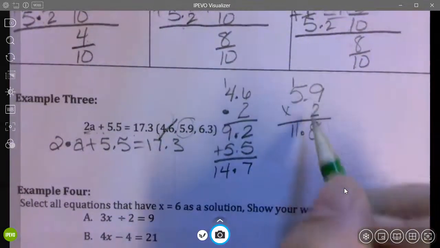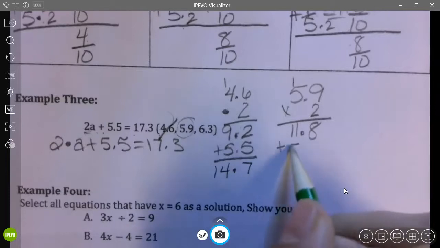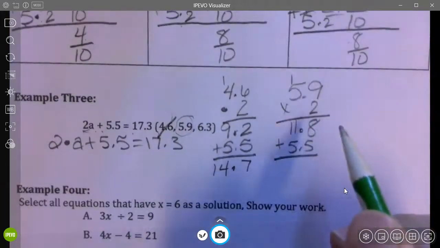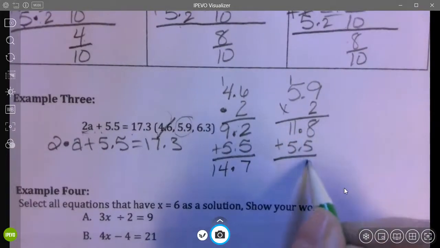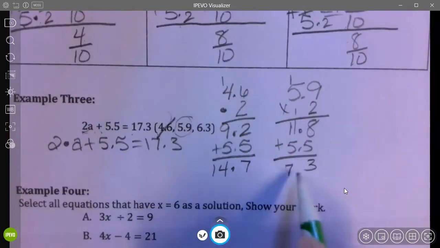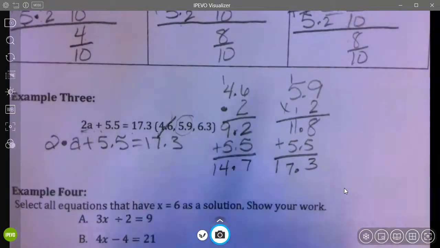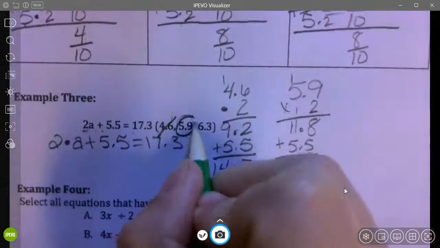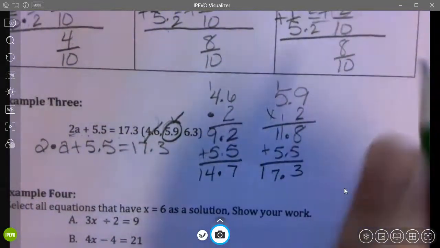Keep my decimal 1 digit behind, and then I'm going to add my 5.5. 8 plus 5 is going to give me 13. Bring up my 1, 5, 6, 7, and then bring down my 1. So I see that 5.9 is a solution. And now let's just check my 6.3.